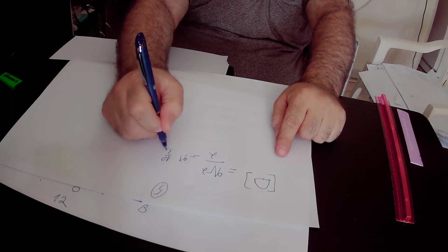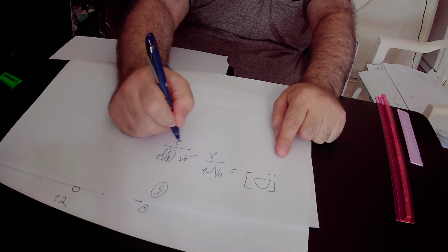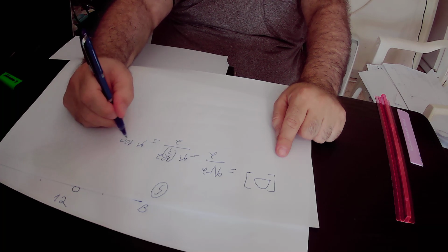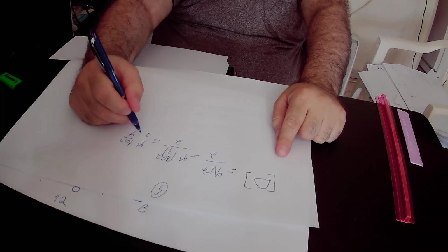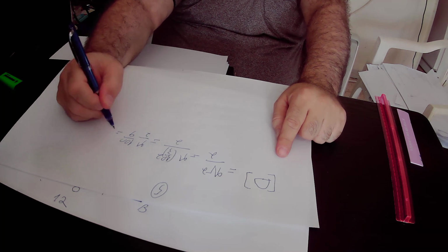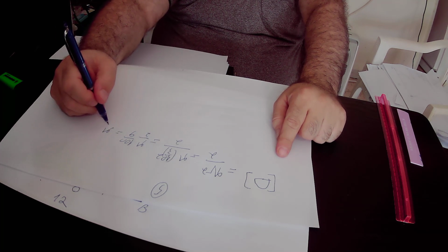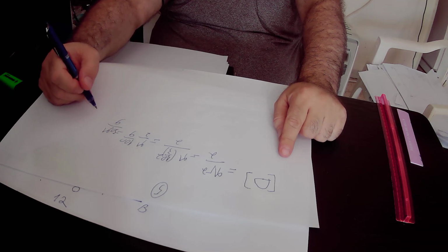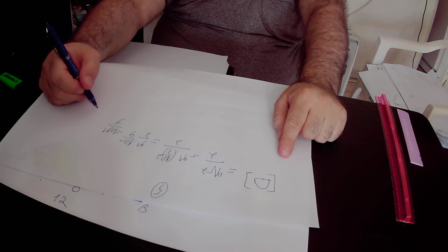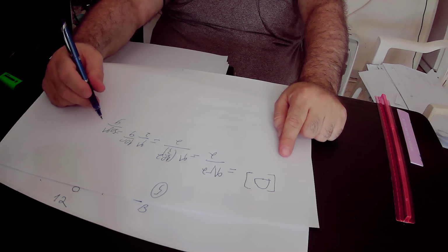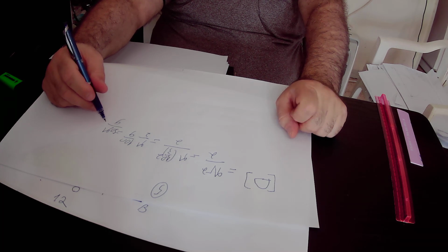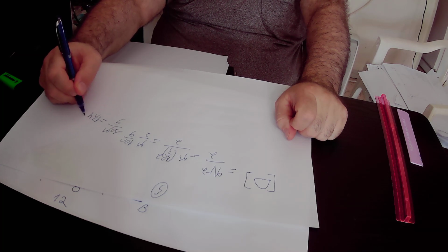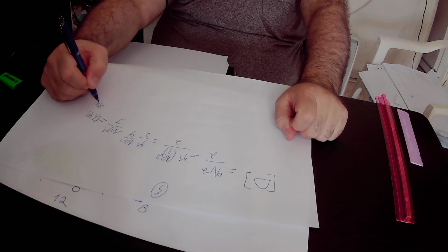R square is 10 over 3 square, over 2, equals pi times 10 over 3 square, which is 100 over 9, all divided by 2. And here 100 over 2 is 50. So in conclusion, we found out that the area of the semicircle equals 50 pi over 9 square units, or in terms of numbers, it equals 17.45 square units.